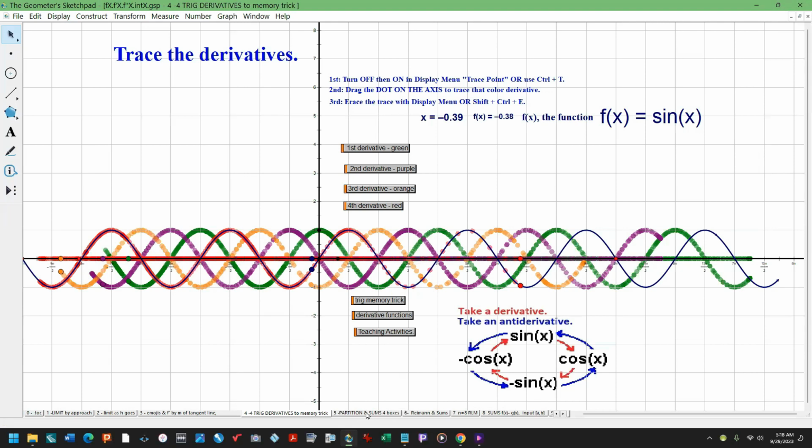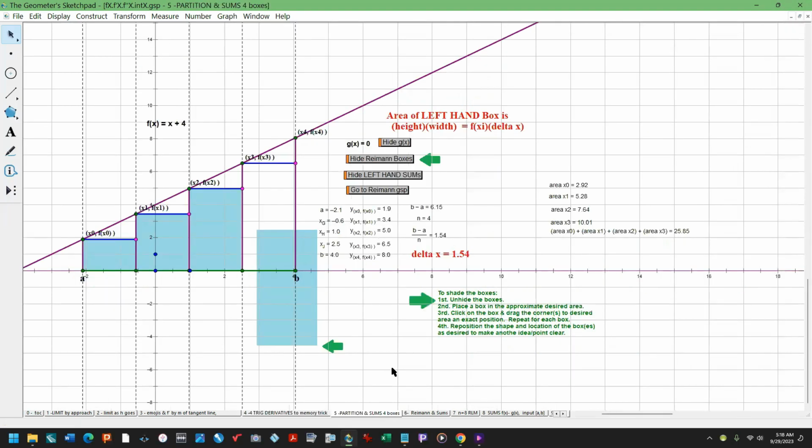Another thing one does is use Riemann sums to find some areas under the curve.